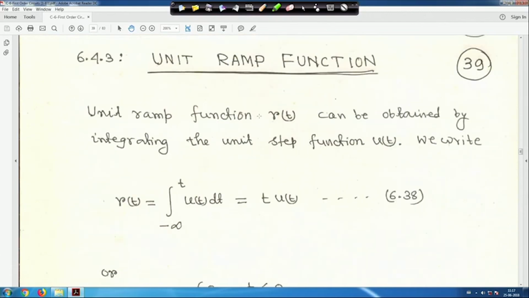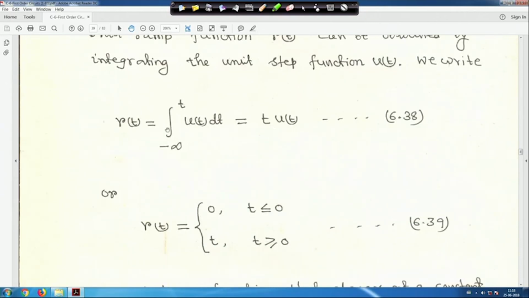The unit ramp function r(t) can be obtained by integrating the unit step function u(t). If you integrate the unit step function, you can write r(t) is equal to the integral from minus infinity to t of u(t) dt, which is equal to t times u(t). So r(t) is equal to 0 for t less than or equal to 0, and r(t) is equal to t for t greater than or equal to 0.